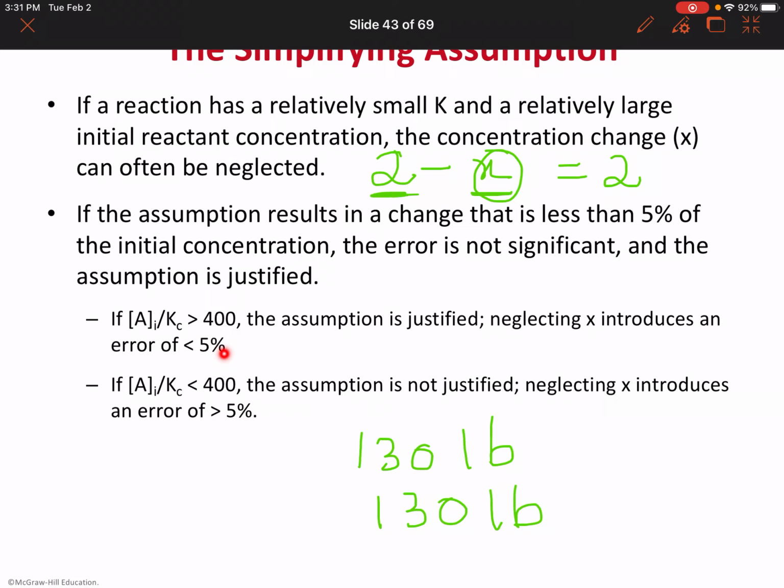If the error is less than 5%, perfect, we don't have to worry about it. We can use this assumption. Let's say your initial concentration A over the Kc value becomes less than 400, then the assumption is not justified. Neglecting x introduces an error of greater than 5%. So at this point, we have to use the quadratic equation to solve for x.